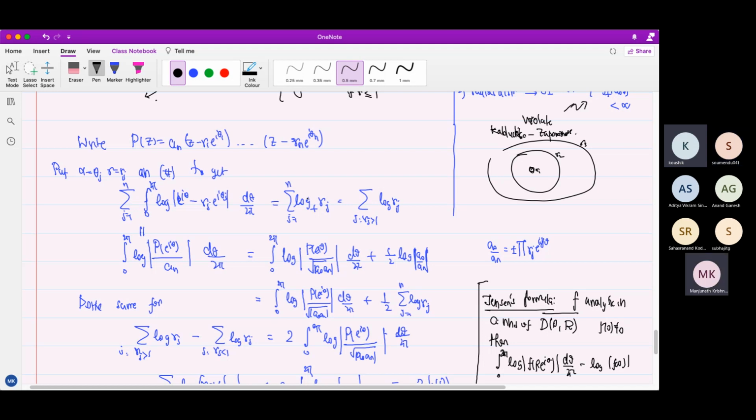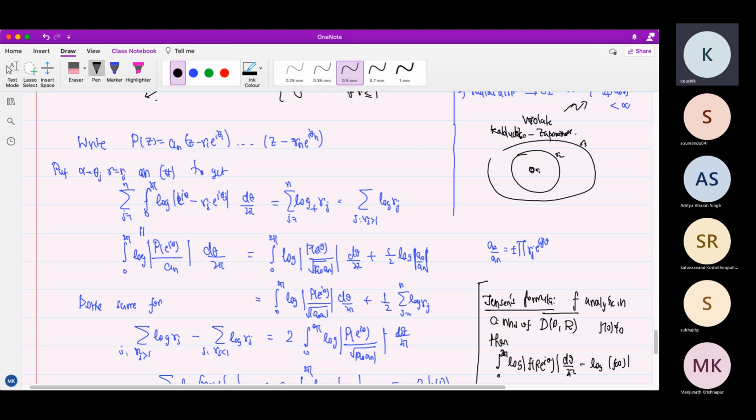Well, so instead of taking polynomials, you take P_m of z plus Q_n of z, where Q_n is like a1 by z, a2 by z squared, and so on. In that way, if you take Laurent polynomials, then one can get their zero distribution in rings.